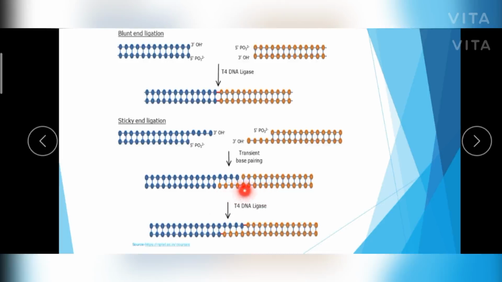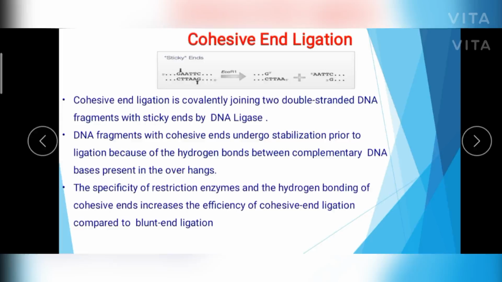Before ligation itself, transient base pairing occurs and stabilizes the DNA strands, and further the phosphodiester bond is formed by the DNA ligase. Sticky end ligation is more efficient compared to blunt end ligation. That is what is represented in this slide: the specificity of the restriction enzyme and also the hydrogen bonding of the cohesive ends.